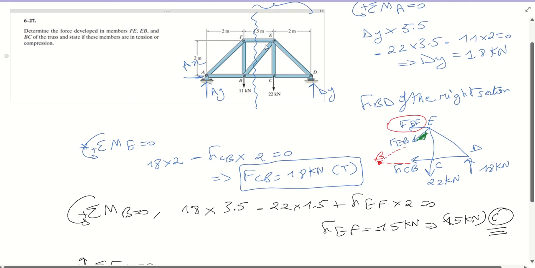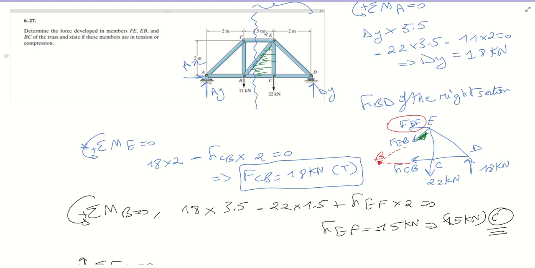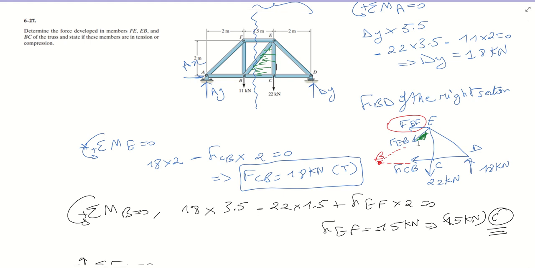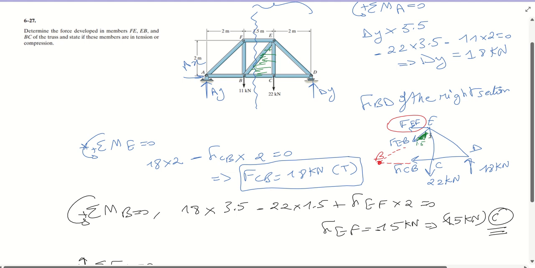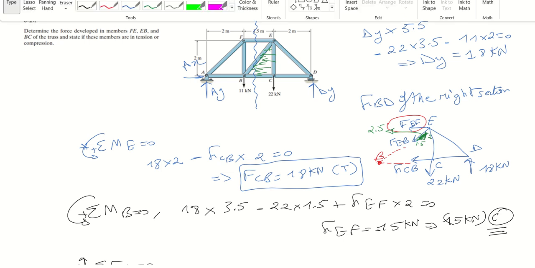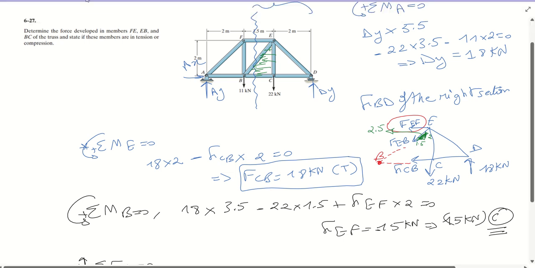So this is my EB. I'm looking into this triangle here. For the vertical, I have 2, and for the horizontal, I have 1.5. Then the third side will be 2.5 if you just use the Pythagorean theorem to calculate it.